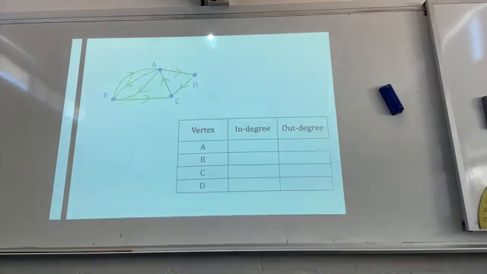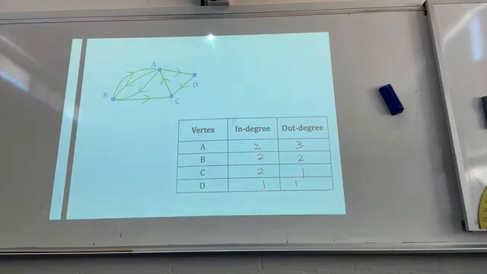So that's 3, and that is 2. What about B? 2 in and 2 out. C, how many in? 2 in and 1 out. D is 1 in and 1 out. The in is A to D, and then out is D to C.